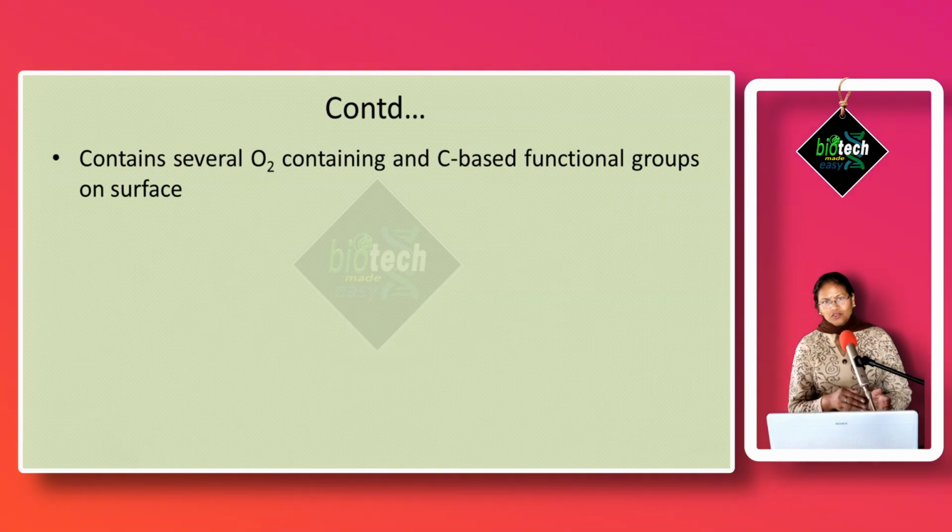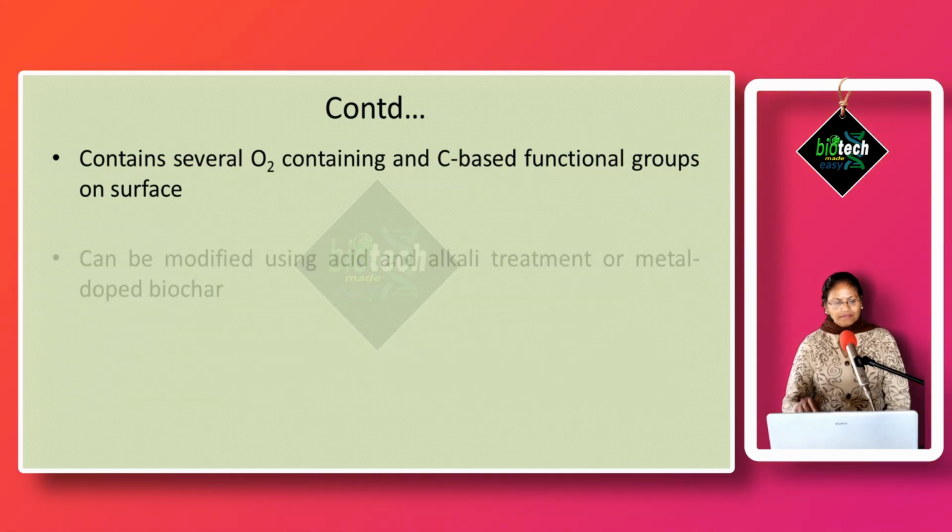As I just told you, the surface chemistry is very important in the case of biochar. The surface has many different types of functional groups.